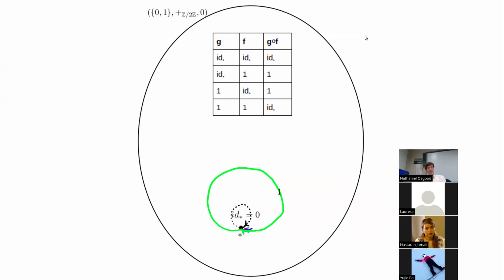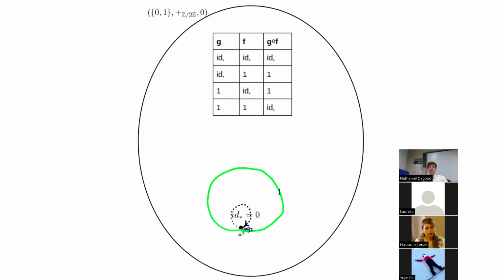Any two end-to-end morphisms, you have to be able to compose. If you only have one object, all morphisms are end-to-end, because they come out of the same object and go to the same one. So we have to be able to have any composition of the morphisms.